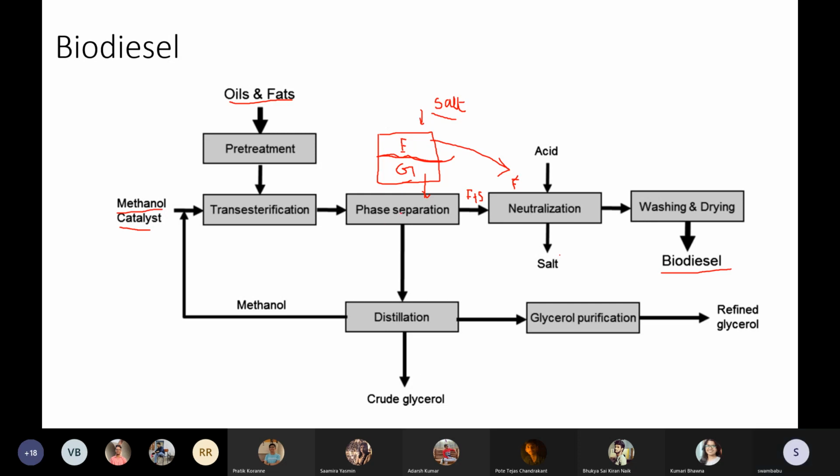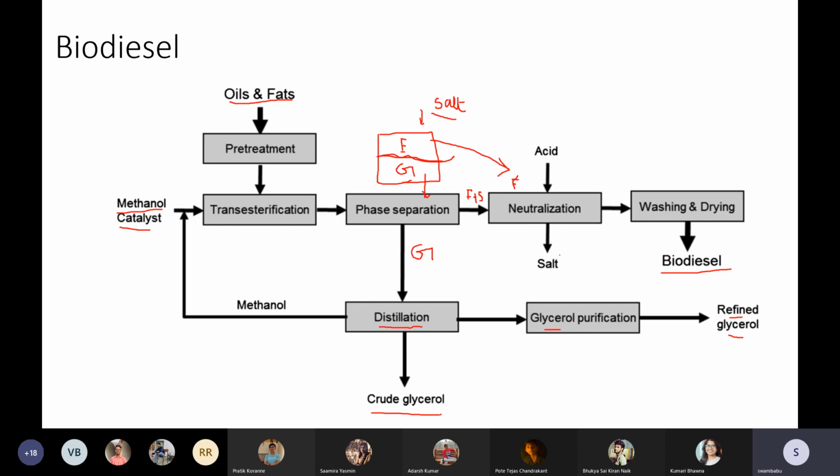Now, whatever glycerol and other components remain, since this is a liquid mixture, they will use the distillation process to get purified glycerol, refined glycerol, and the unpurified will be used as fuel glycerol.